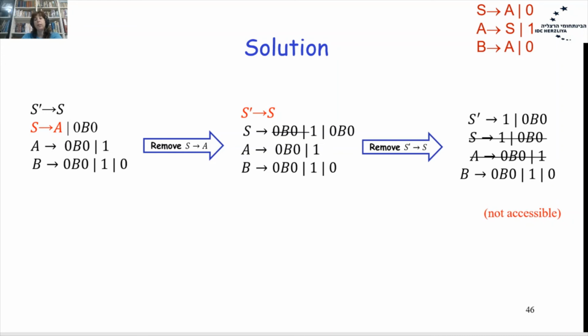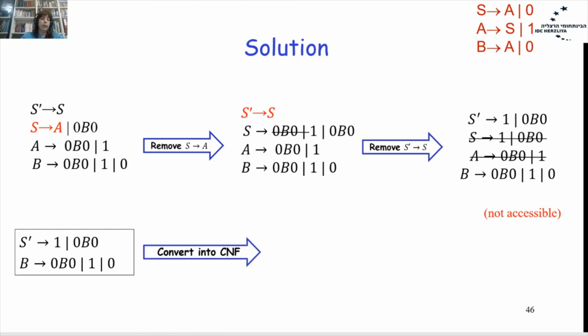If I start my derivation of words from S0, I can reach a variable B. If I'm using variable B, I can reach only variable B. Therefore, I have two variables, S and A, which are not accessible, and I can delete S and A, and the resulting grammar without unit rules will be S0 derives 1 or 0B0, B derives 0B0, 1 or 0.